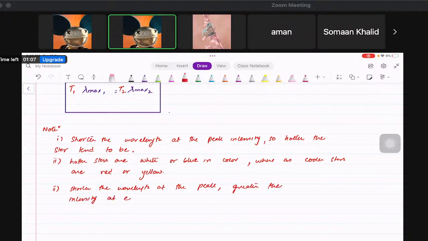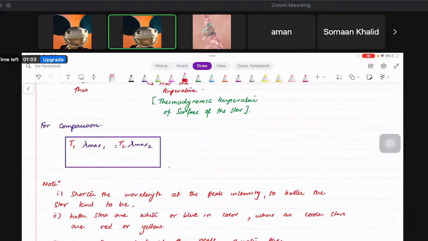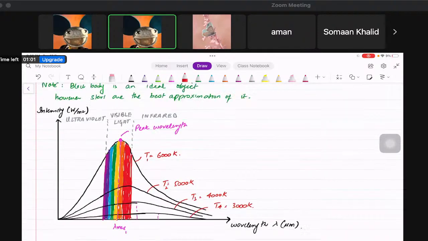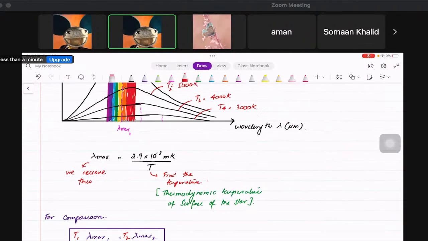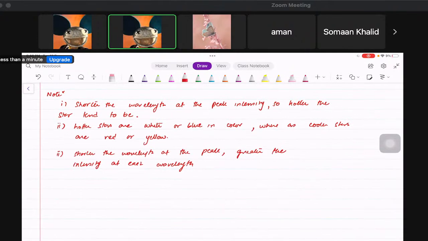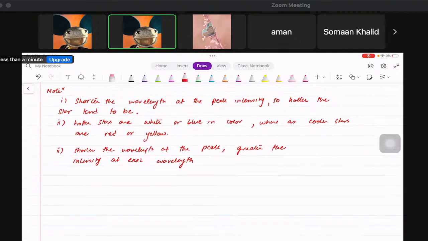As you can see, the shortest wavelength is of the first line and it has the greatest temperature and highest intensity as well, so both of them you should remember. Anyway, now usually we have star classification done as well. Star classification is done with respect to different modes of things, but we are only interested in color of stars and temperature.